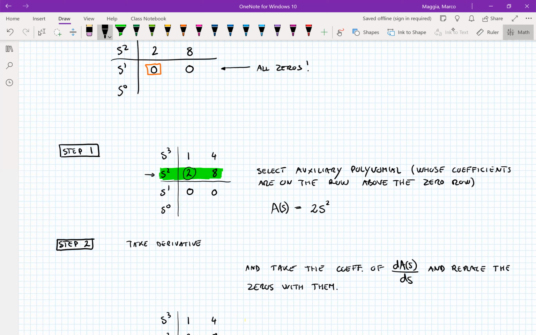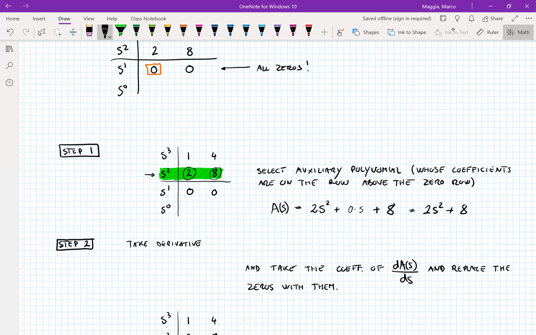And then we skip odd powers of S, or in other words, it should be plus 0 times S. And then we use the other coefficient, in this case, it's 8. So you can simply write 2S squared plus 8.